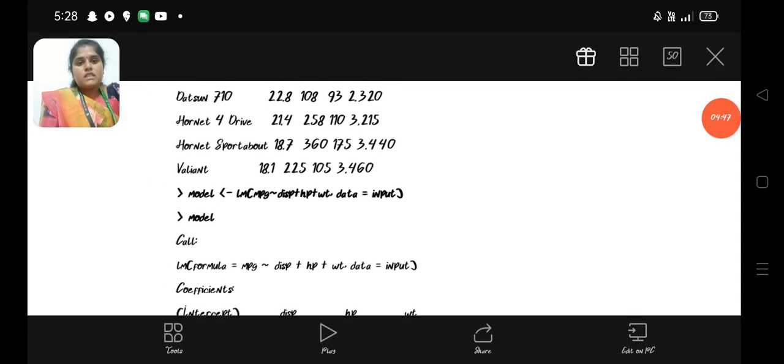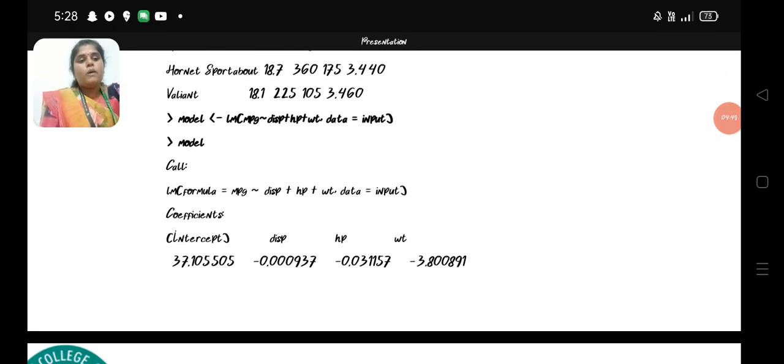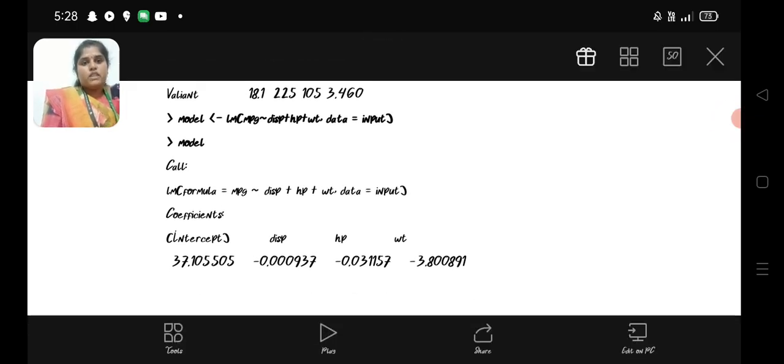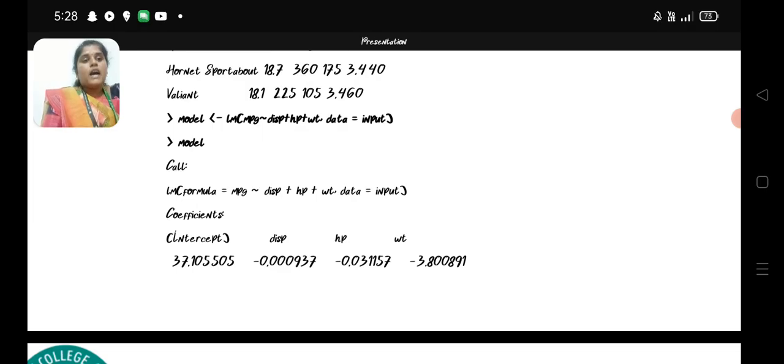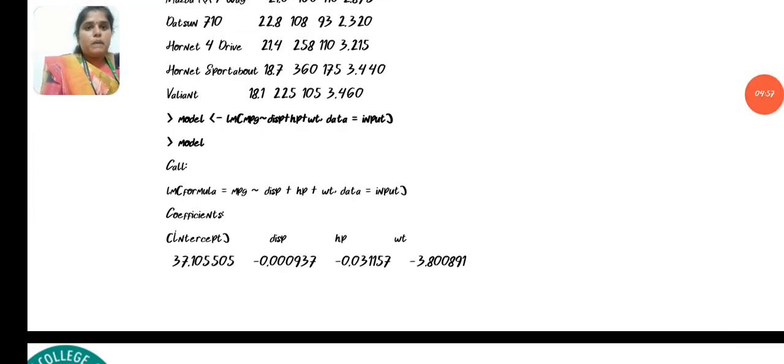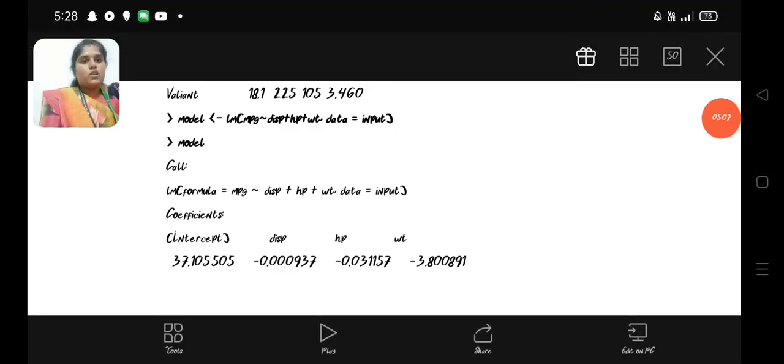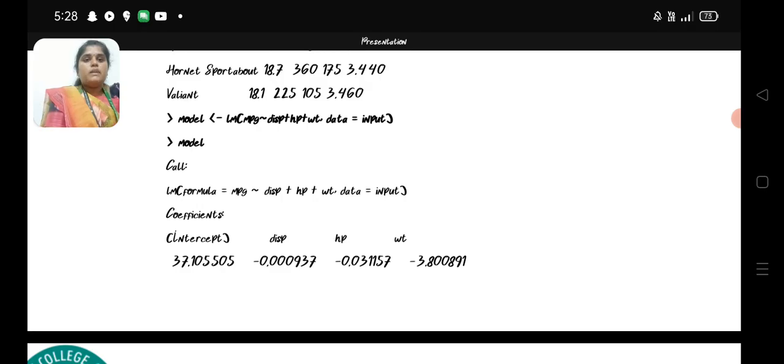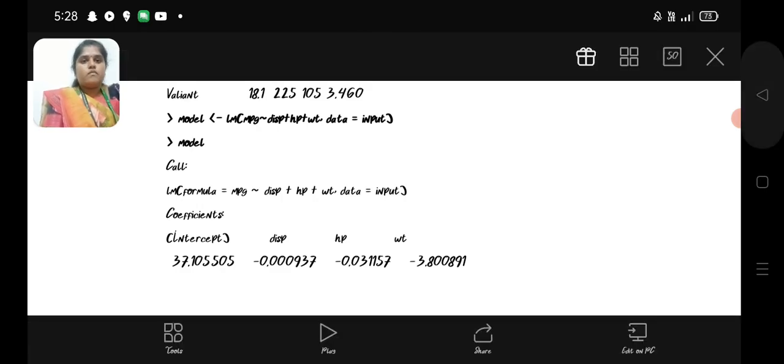Using the lm function, that is the linear model, I use the code mpg tilde disp plus hp plus wt, which means mpg is dependent on these three things. Based on the data set, the result will be shown as the coefficients of disp, hp and wt. Thank you.